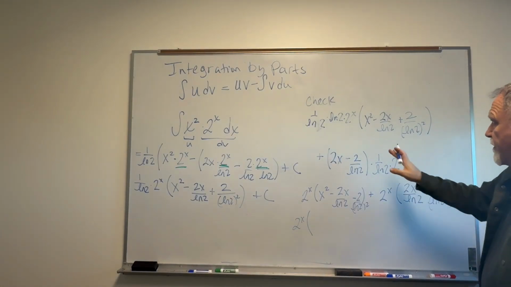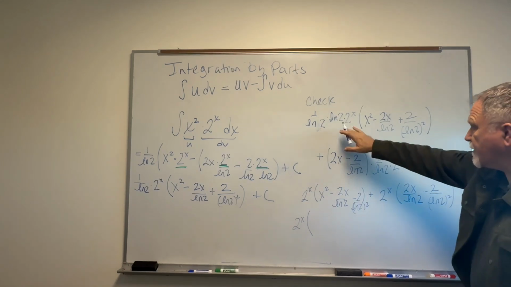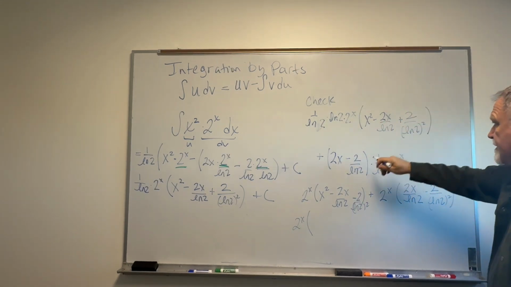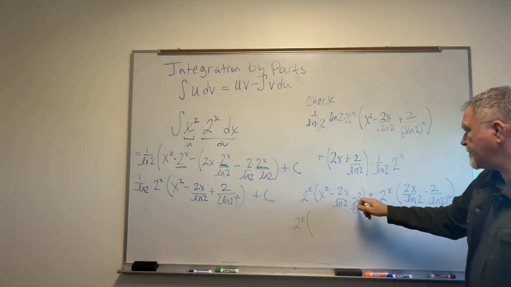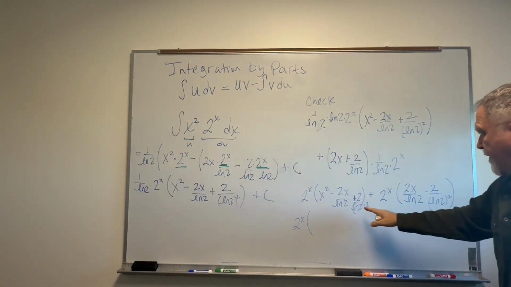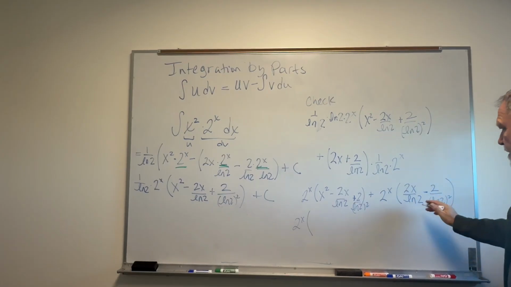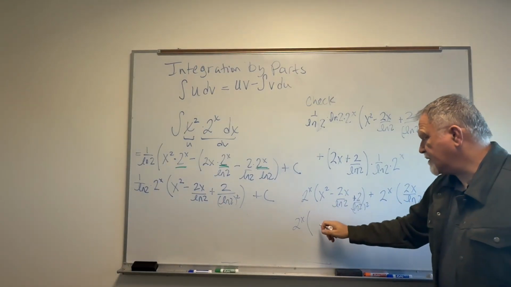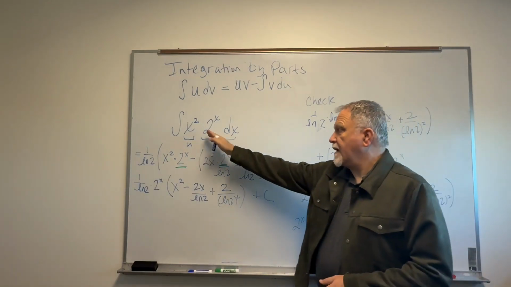So then it was the derivative of the first, which was all of that, times the second, plus the derivative of the second. So this should be a positive times the first. So this becomes a positive. Now this and that cancel out. And so we're going to get down to just the 2 to the x times x squared, which was what we have at the start.